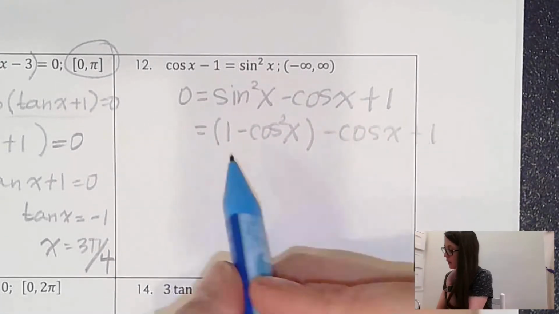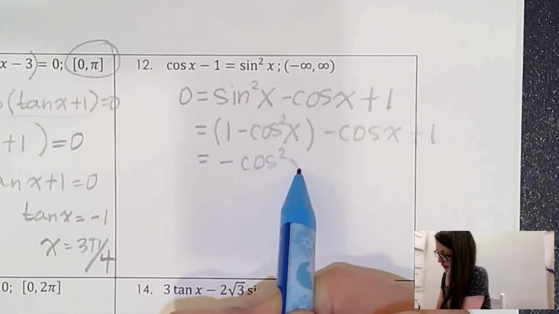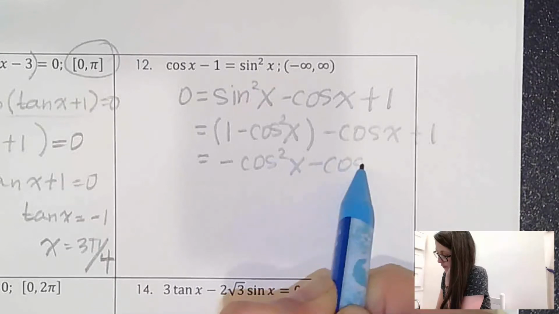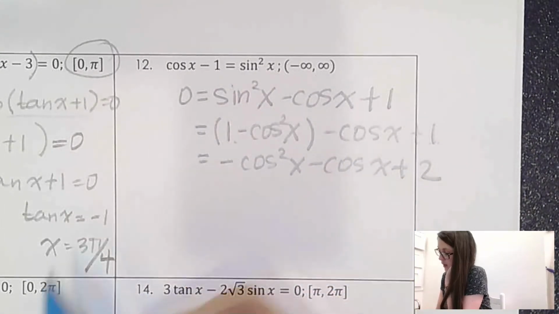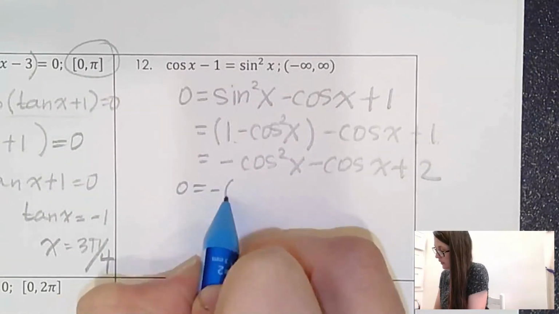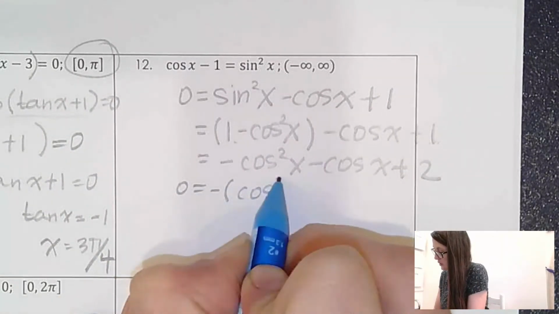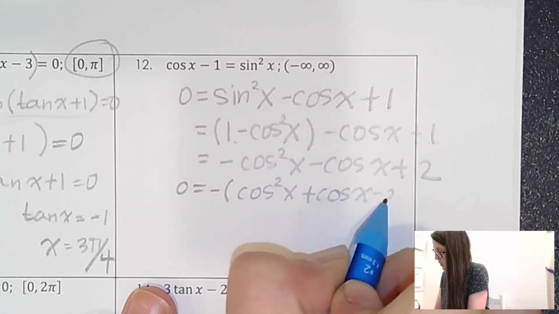So now I'm going to have negative cosine squared minus cosine. 1 plus 1 gives me a 2. Let's go ahead and factor out a negative here. So I would be left with cosine squared x plus cosine of x minus 2.